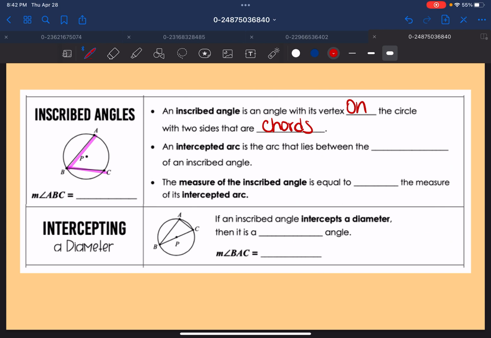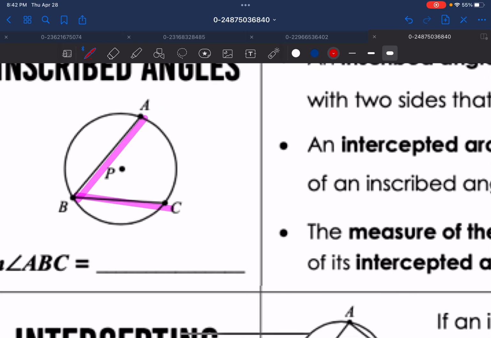An intercepted arc is the arc that lies between the endpoints of an inscribed angle. So let's talk about what that means. Go ahead and take your marker or highlighter and highlight angle ABC. And we know its intercepted arc, or corresponding arc, I may say it two different ways, but it's the same thing, is arc AC.